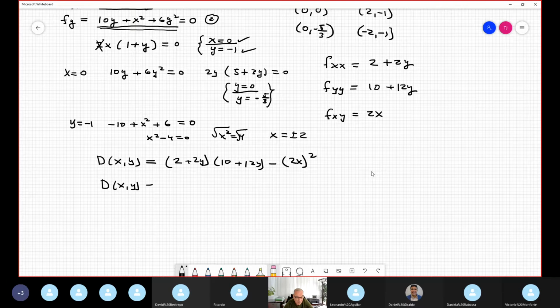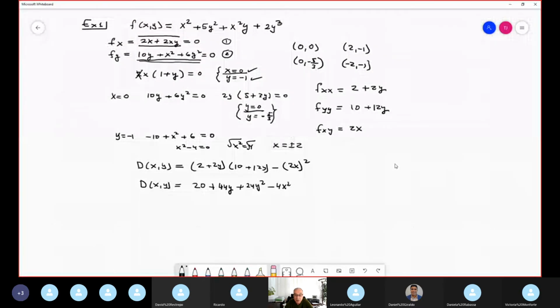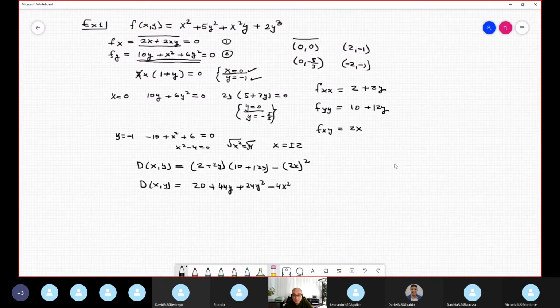I did that, and the answer is approximately 20 plus 44y plus 24y squared minus 4x squared. Okay, and you evaluate one by one at the points. What points? The critical points I found before. So you evaluate D at (0, 0). Substitution, guys.